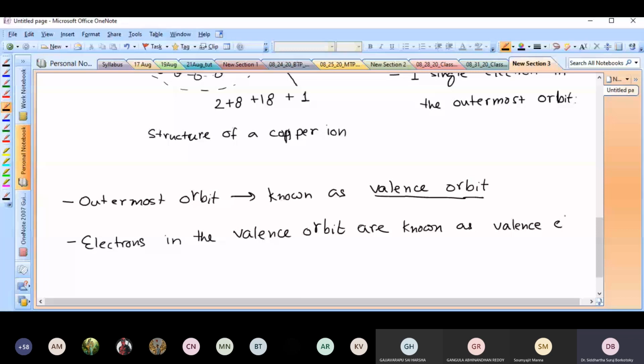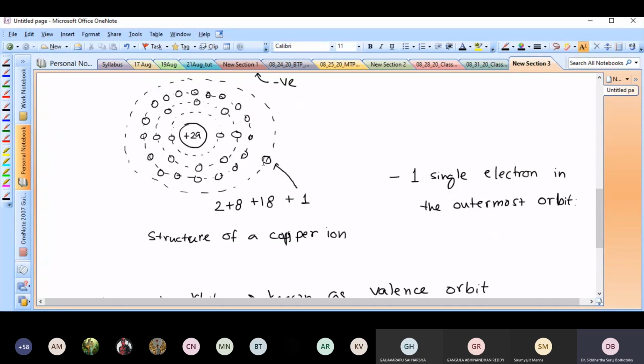These electrons are put into place by the equality between the centripetal and centrifugal force. The inner core, the 29 protons, attract the electrons towards themselves, but the electrons are moving, so they create a centrifugal force. These two forces are matched, which means the electrons are held on to their orbits.